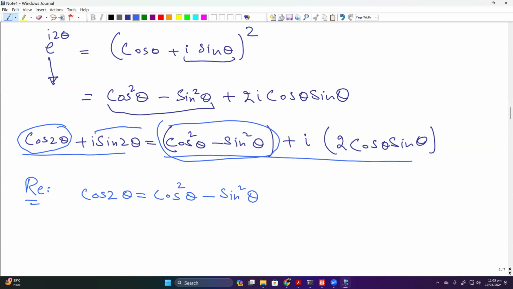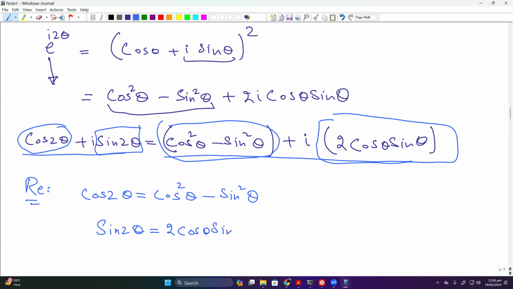And similarly, comparing the imaginary parts is going to give me another important and very famous trig identity, sine 2 theta equals 2 cos theta sine theta. Let's suppose this is E, and this is F. So I have got these two other important double angle identities.